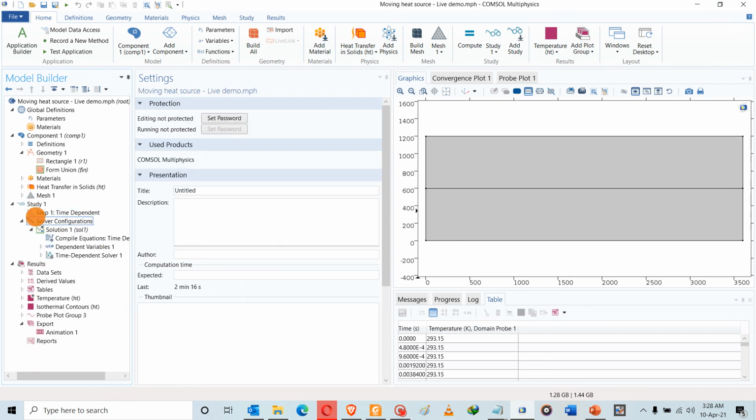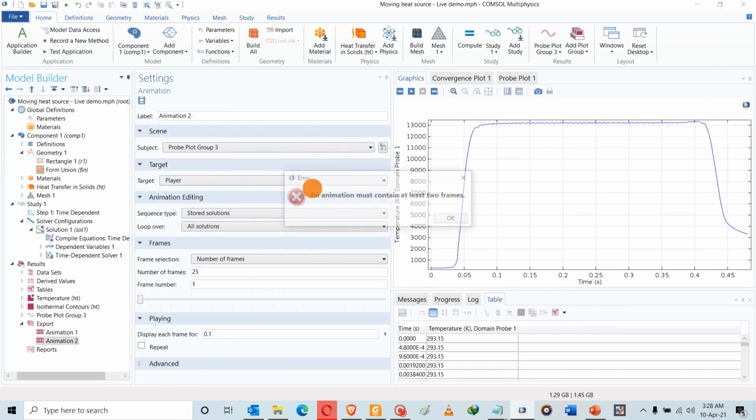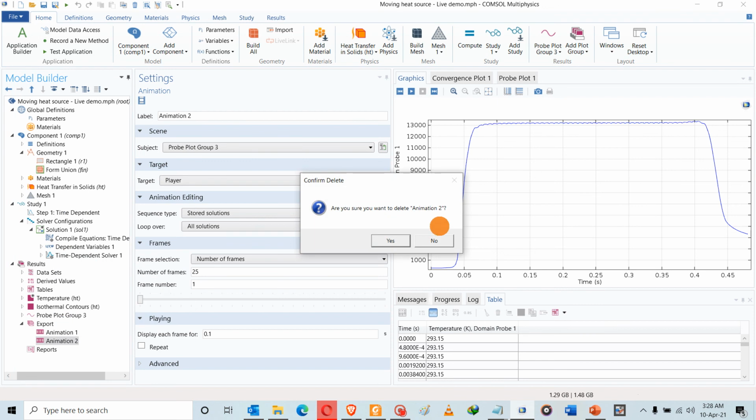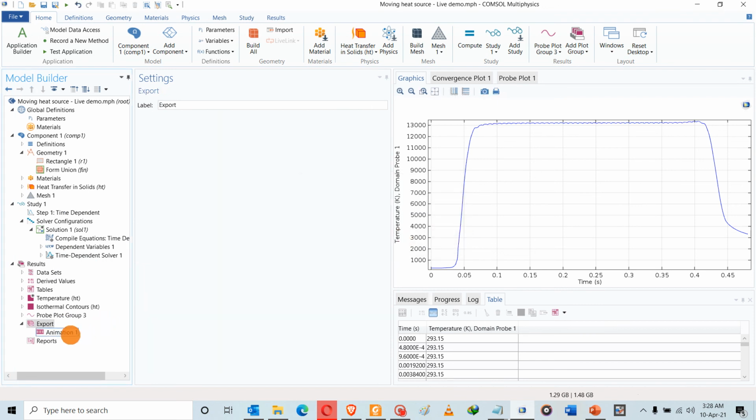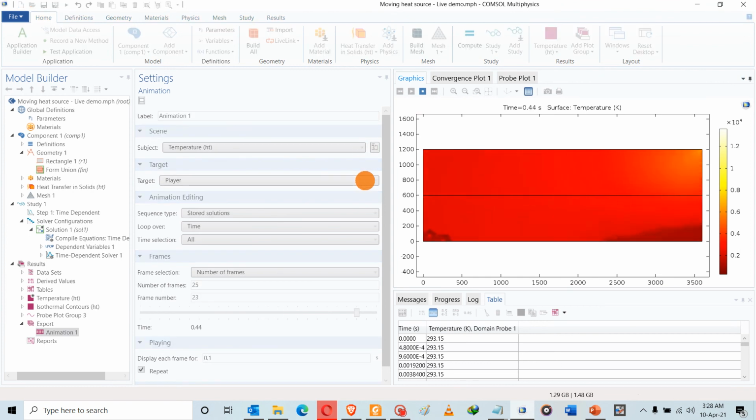And then we meshed, and then we had the computation. If we look at the probe plot, we can even create an animation here. We can do it after we have made the computation finer. We had an animation here of the laser beam as it moves across the sample, which is a very good outcome.